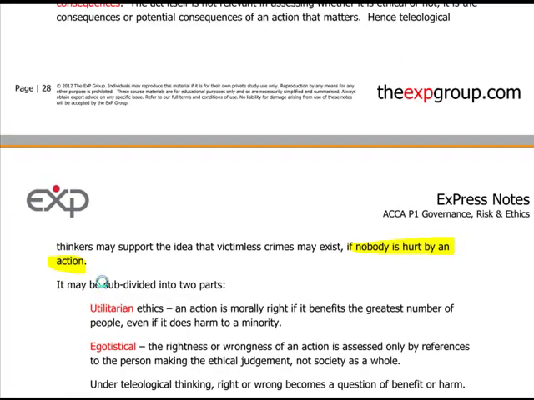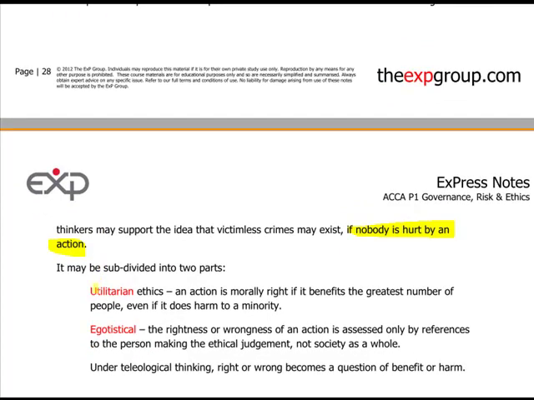The latter, teleological approaches, can actually be subdivided into two parts: utilitarian and egotistical. Utilitarian basically means something is morally right if it benefits the greatest number of people, even if there's going to be a bit of harm to a few.